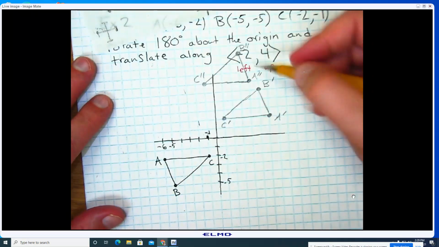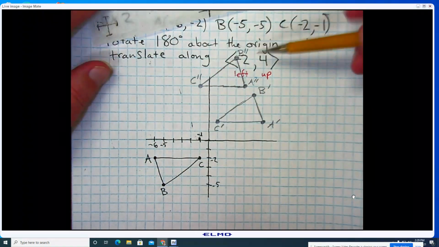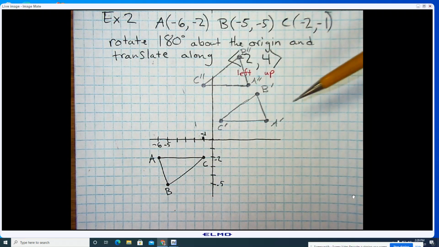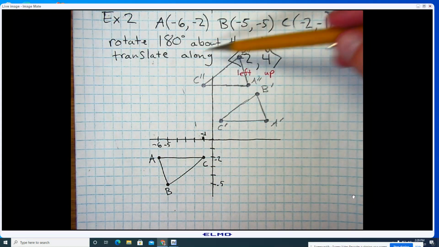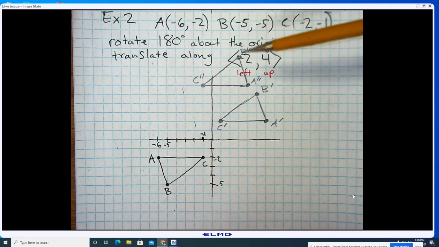Okay, and then we just say what these points are, and that completes the problem. Once again, you can do it both ways. I can do the translate first, then the rotate, or the way that I did it here.